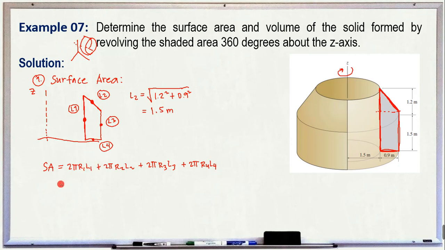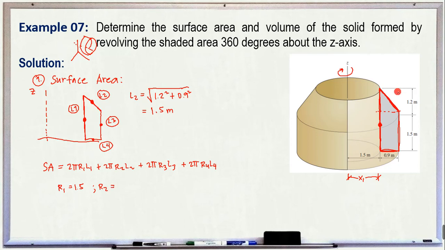Let's start with R1. The figure, this is line 1. So the distance of this line, since this is where we rotate, we're talking about the x. This is x1. Okay? Since it hits 1.5, that is where its center is. So our R1 is 1.5. How about for R2?